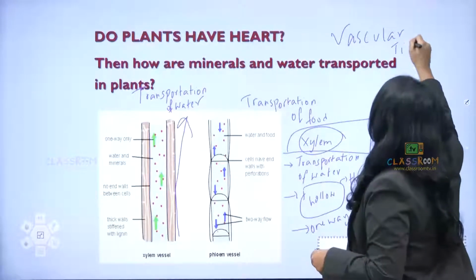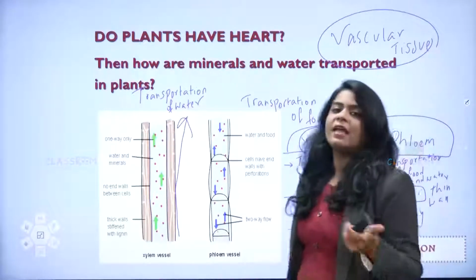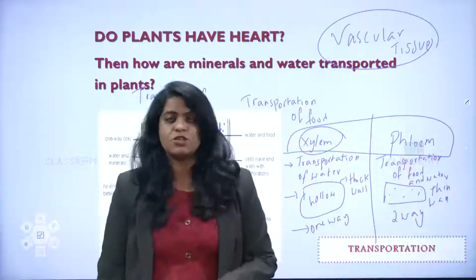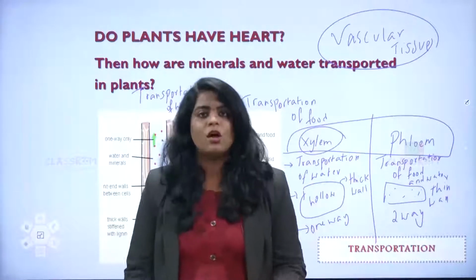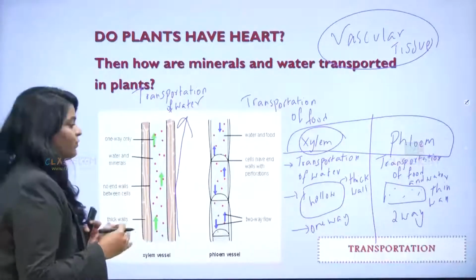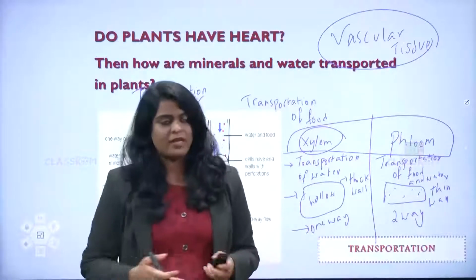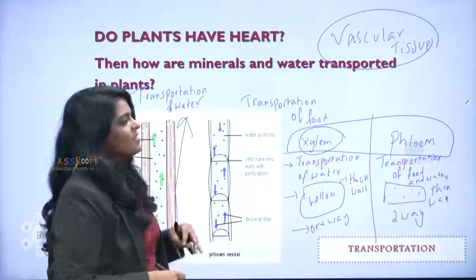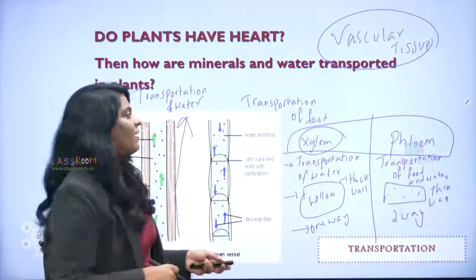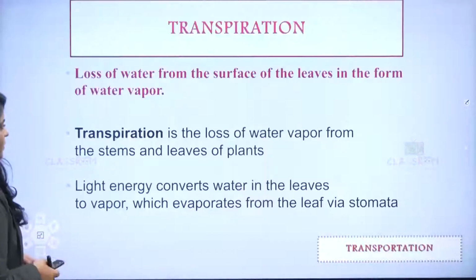Plants have important types of tissues: dermal tissue, vascular tissue, ground tissue. So there are many tissues, but one of them is called vascular tissue, and xylem and phloem are a part of that. So it's not the heart that's helping the plants, it's the vascular tissue, that is xylem and phloem, that help the plants to transport minerals and water.